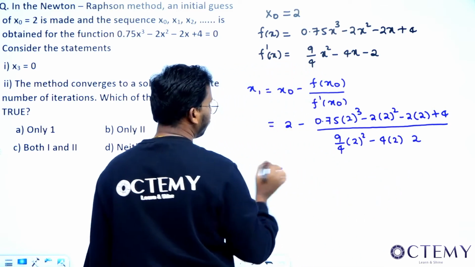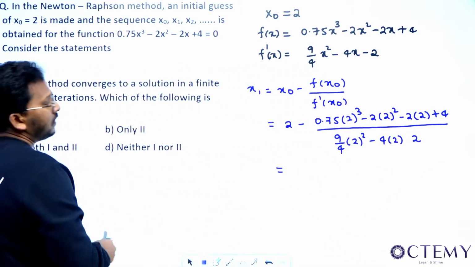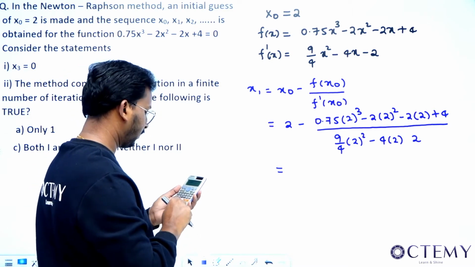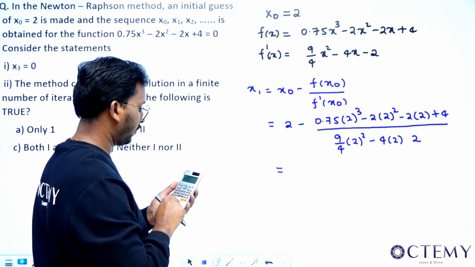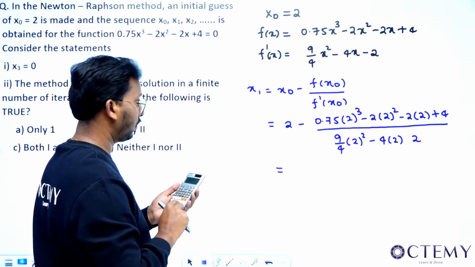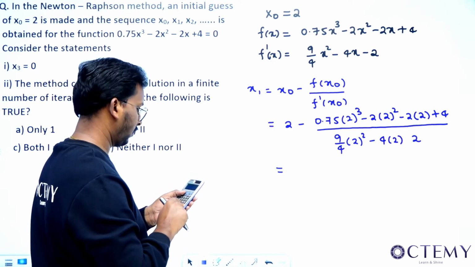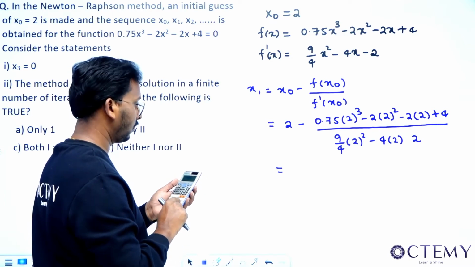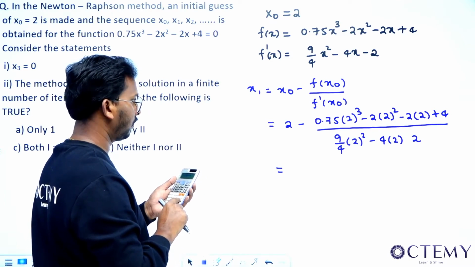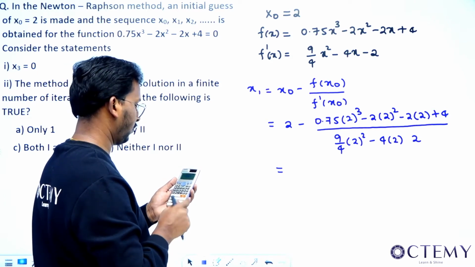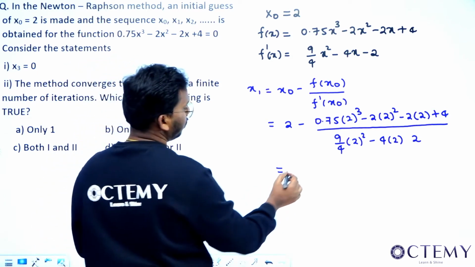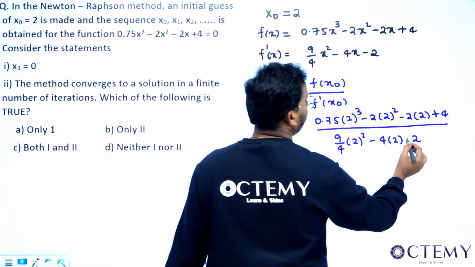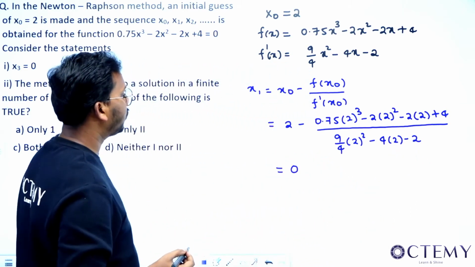So if we solve this, what will we get? You are getting this as zero. Your x1 is coming to be 0, because that entirely becomes 2 minus 2, right?